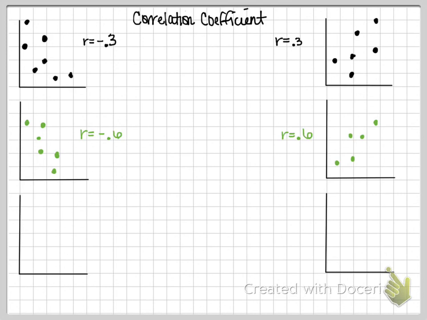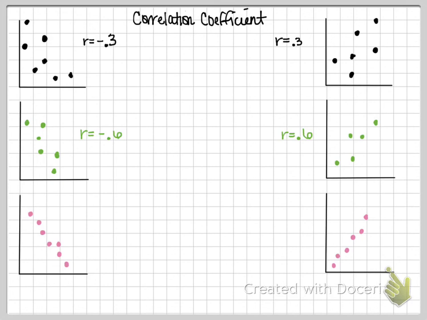All right, now the one that would be the strongest, or something that is stronger. We want it to be negative, but we want the points to be more tightly clustered around that line. Notice that it looks like it's getting closer and closer to a linear shape. Definitely stronger than the previous ones.